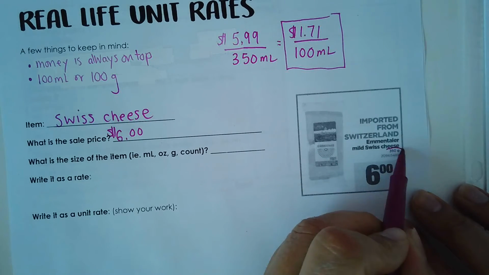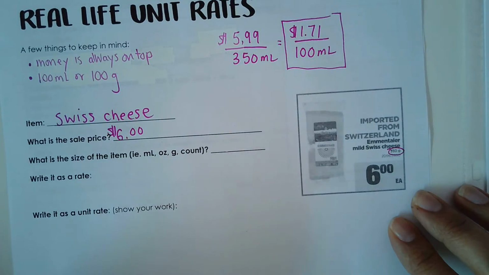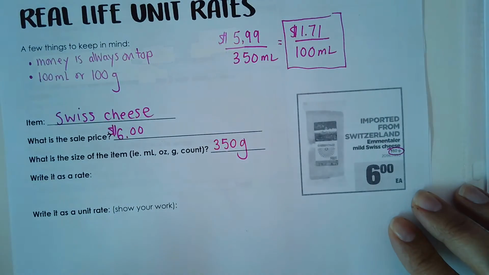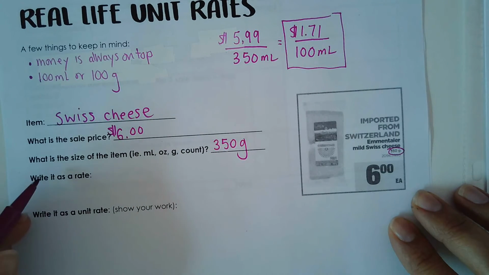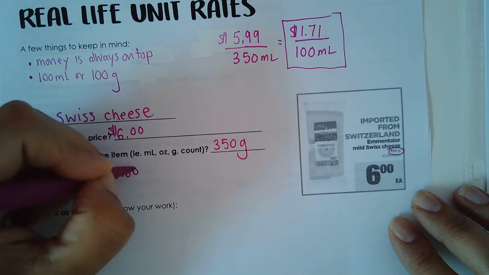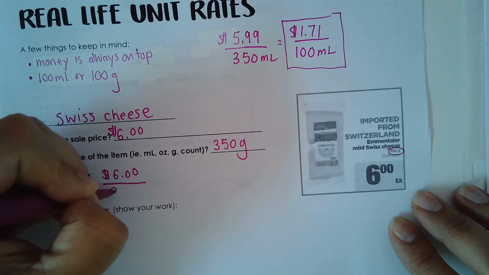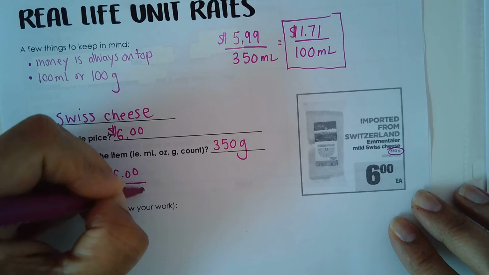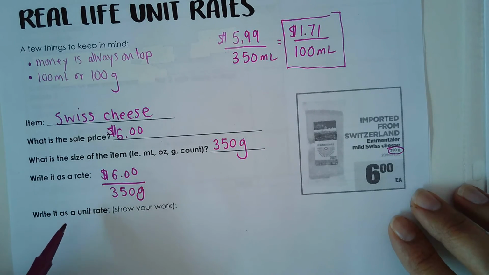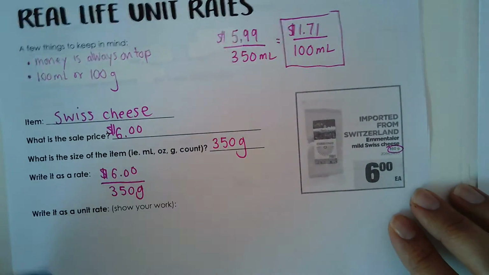I see that right there. It's 350 grams. Okay, so if we write it as a rate, we would put the money on top. So $6 for 350 grams.